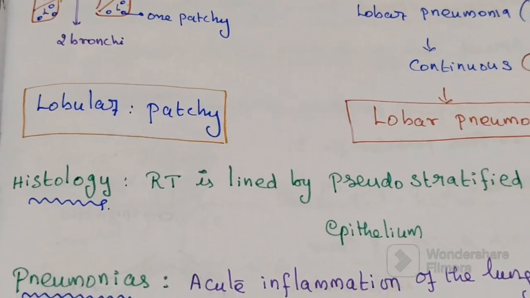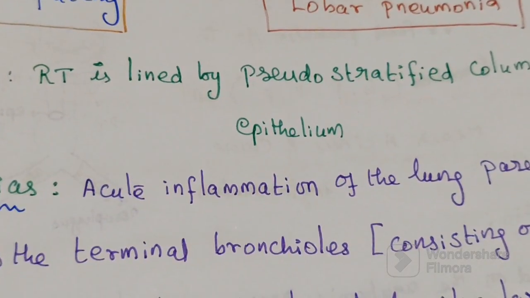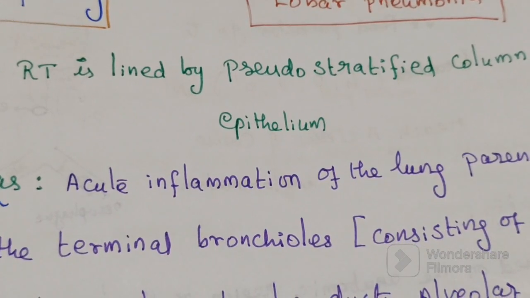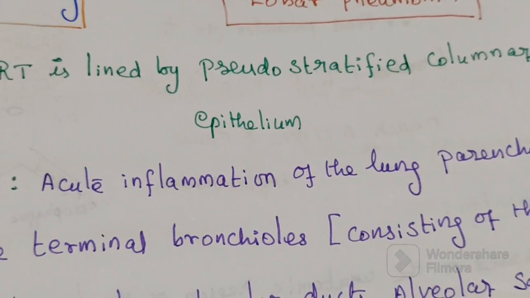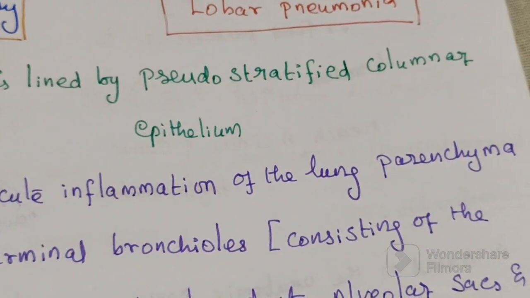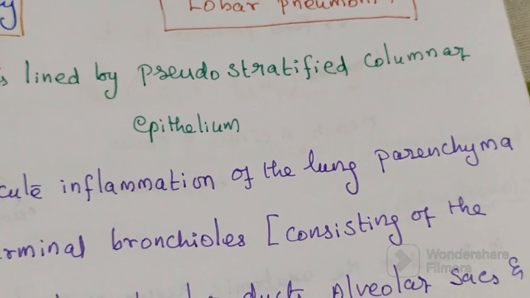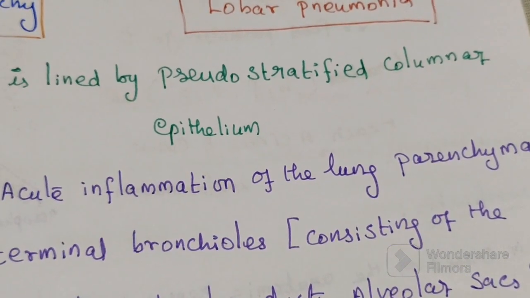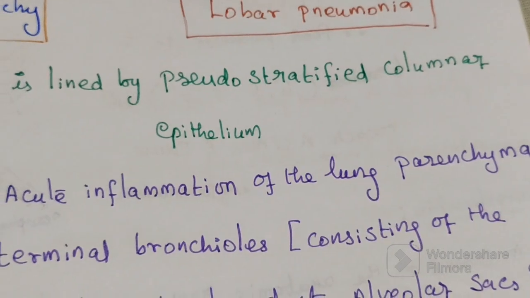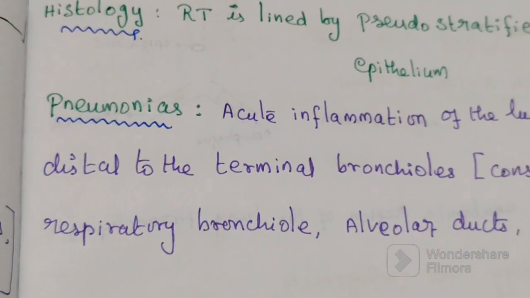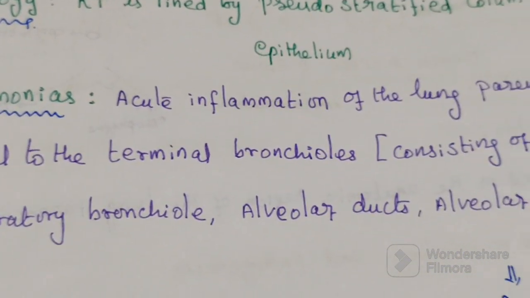Next, histology. The respiratory tract is lined by pseudostratified columnar epithelium, the respiratory epithelium. How do we define pneumonia?